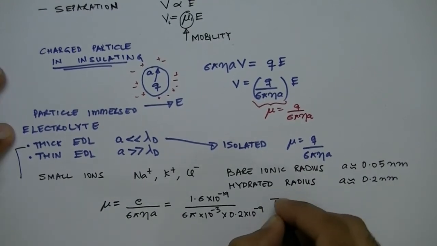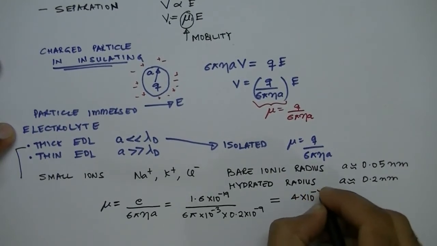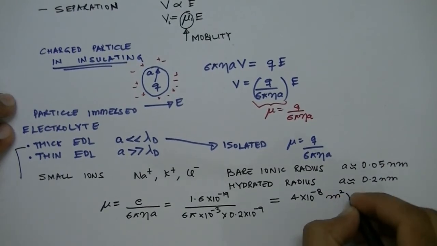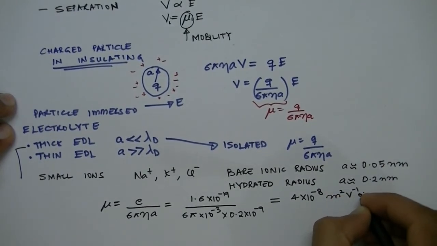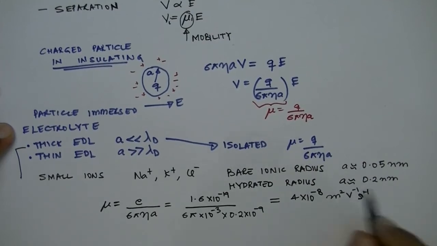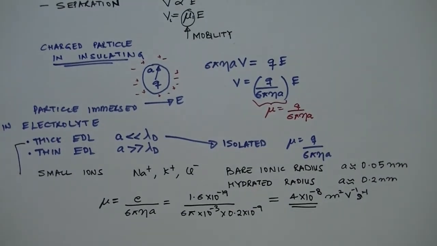So if we do this calculation, we will get a value of 4 times 10 to the power minus 8, and the units of mobility are meter squared per volt per second, because if you multiply this with electric field, which has units of volts per meter, you will get velocity in meters per second. Now surprisingly, this value agrees pretty well with the measured values of mobility.